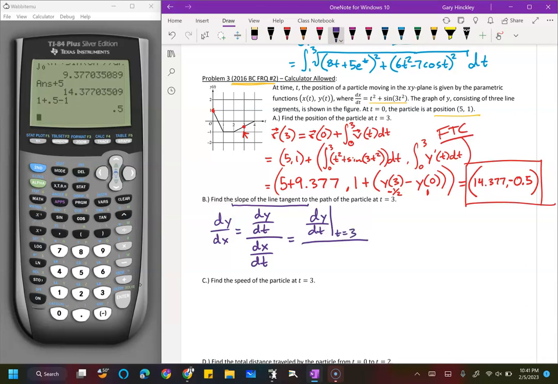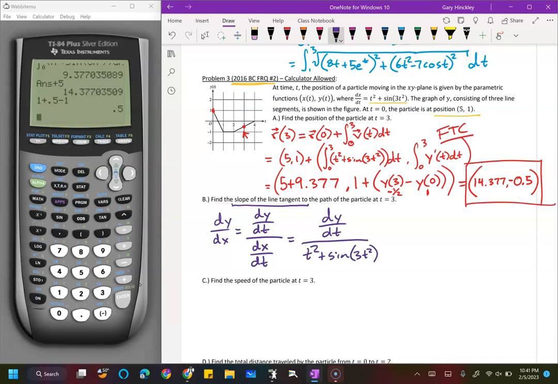And for the bottom, we're going to use what they gave us, the t squared plus sine of 3t squared.